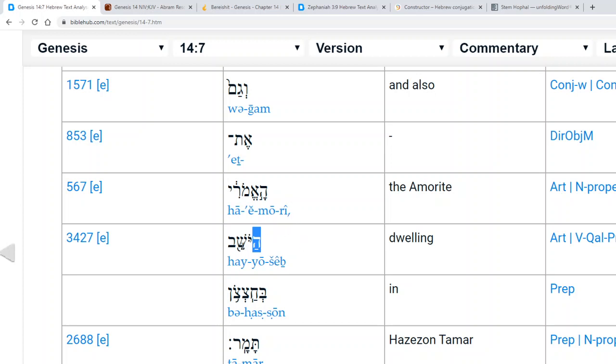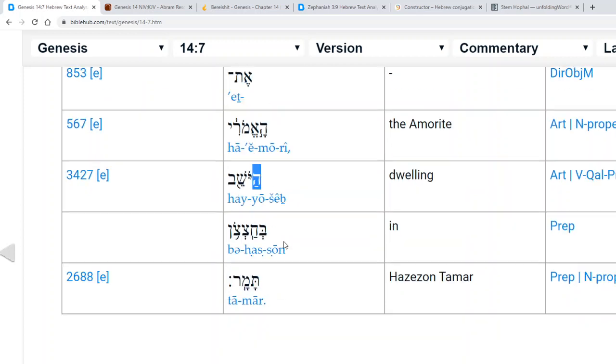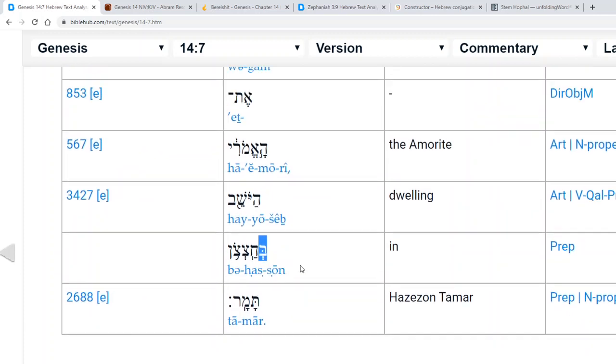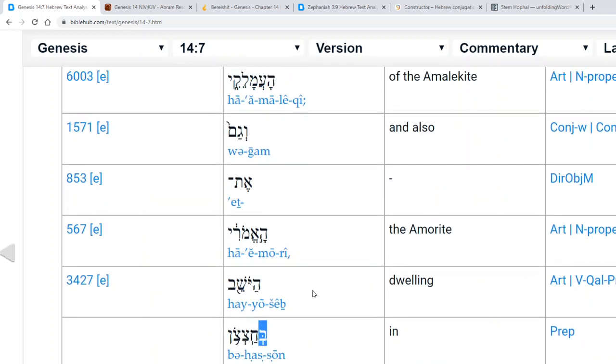It would not make sense if you were trying to say that the yud is part of the conjugation. Be chatzitzon. So be is the preposition. Chatzitzon, tamar. I mean, I guess you could try understanding it. Tamar means dates, right? Means a date. Chatzitzon tamar, whatever that means.